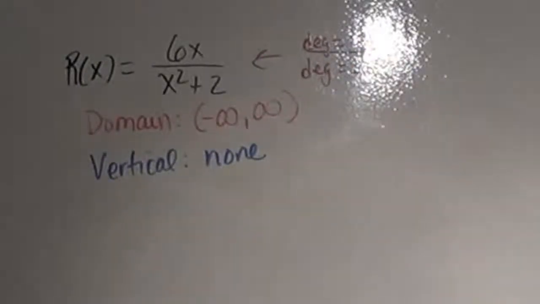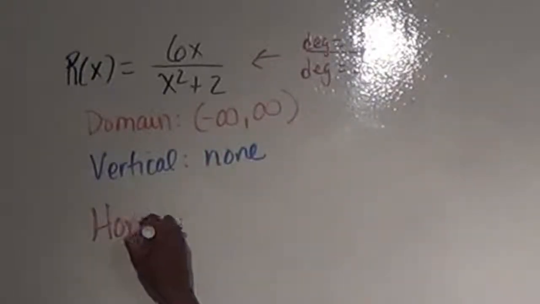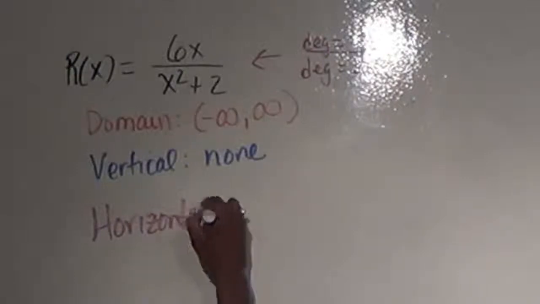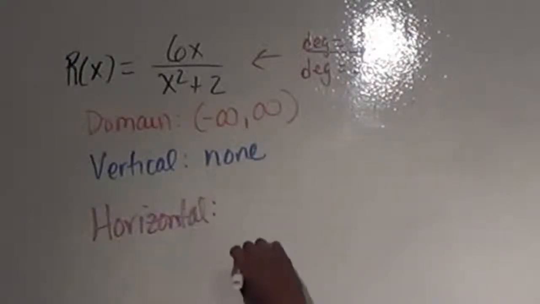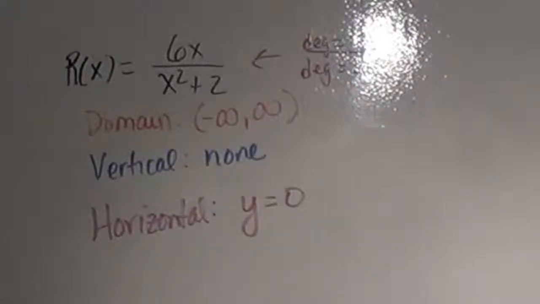So this tells us degree on top is less than the degree on the bottom, so we're going to have a horizontal asymptote. And because it's smaller on the top, that horizontal asymptote is going to be y equals 0.